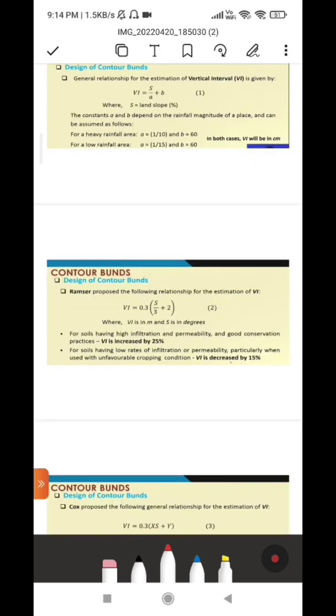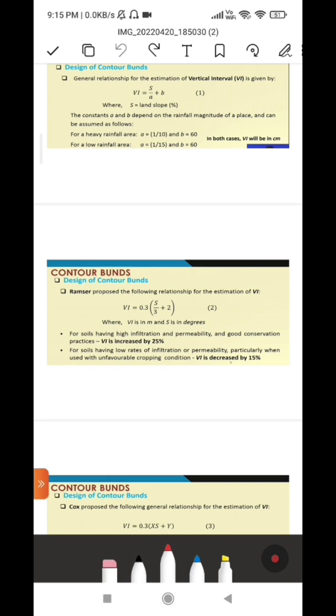One scientist, Ramser, also proposed the following relationship to estimate the vertical interval, that would be vertical interval equals 0.3 bracket s divided by 3 plus 2. In this, s is slope, and that would be in degrees, and vertical interval would be in meters. This also depends, when we calculate this, on the type of soil.